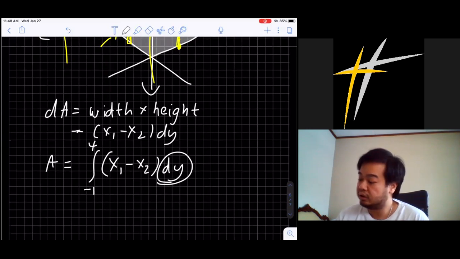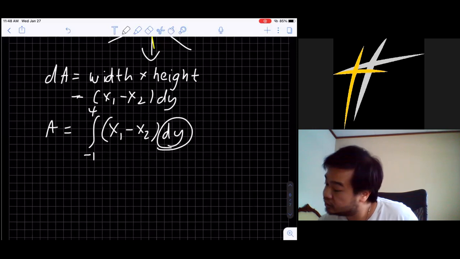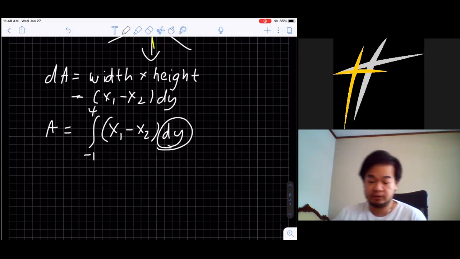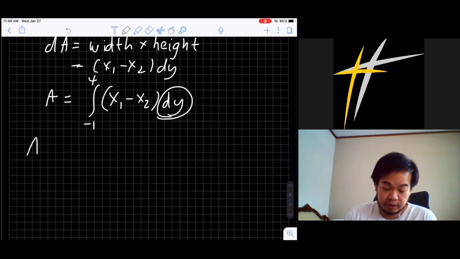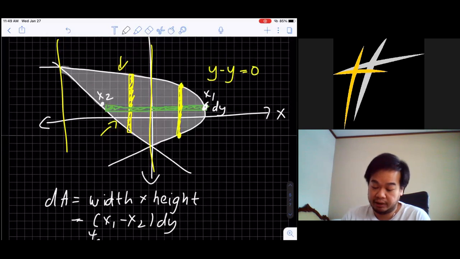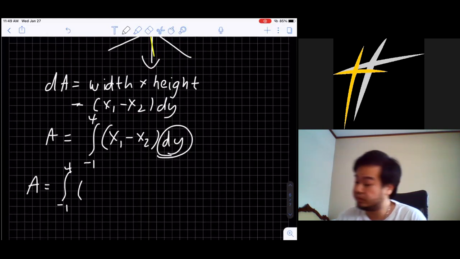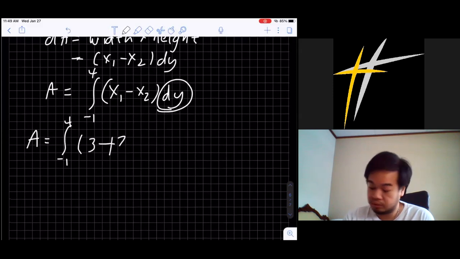Okay? So if I want to give you an example, this is example 2. So after we get the formula, then we can just calculate it. X1 is the equation for the parabola, so it's 3 plus 2y minus y squared.